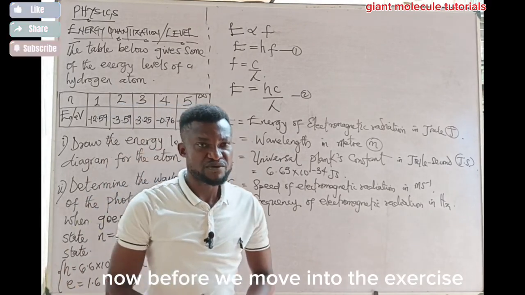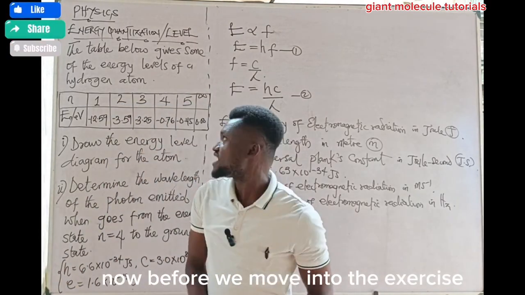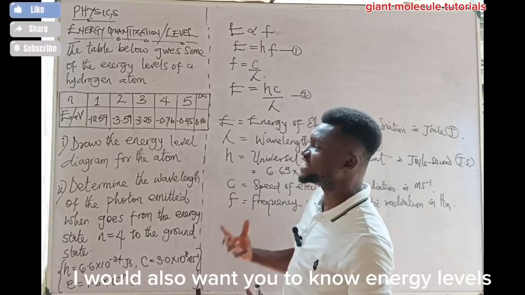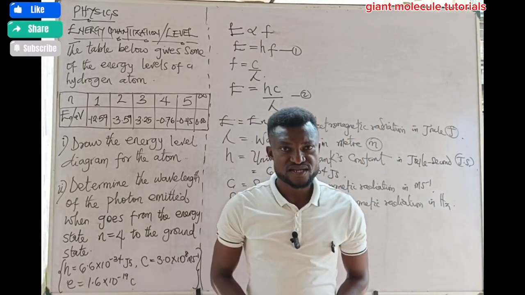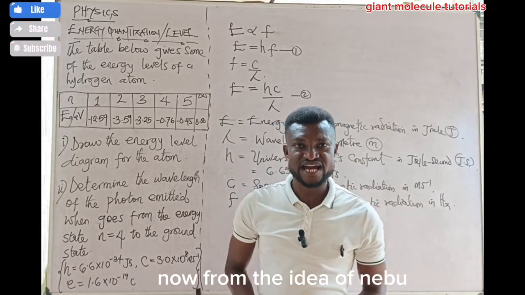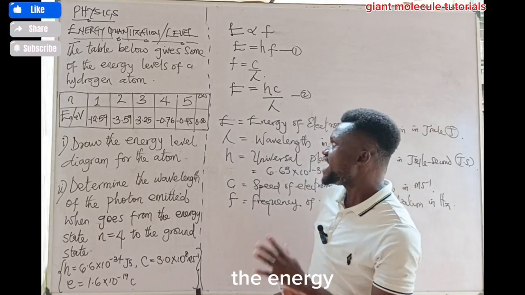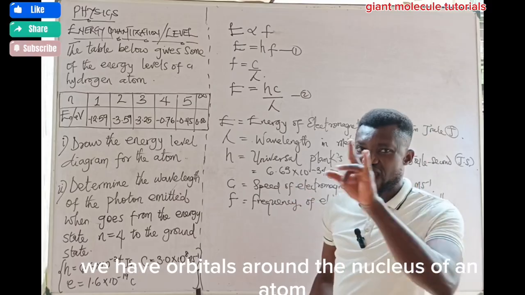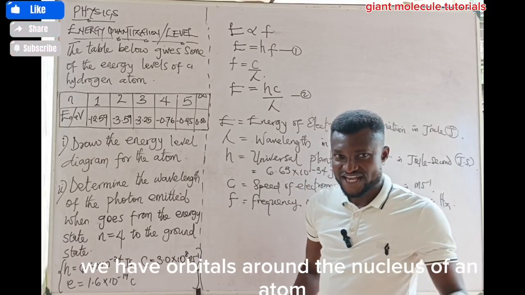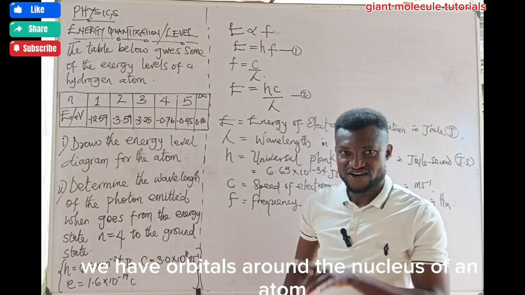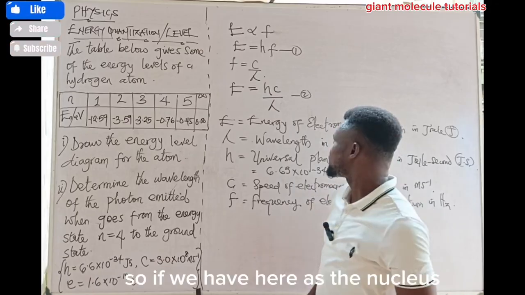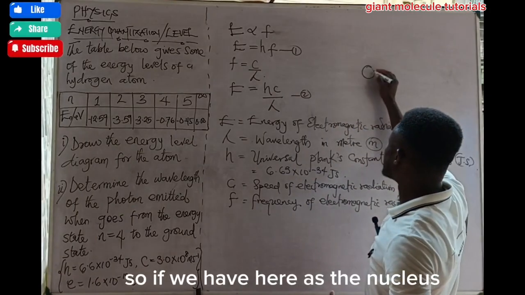Now, before we move into the exercise, I would also want you to know energy levels. From the idea of Niels Bohr, we have orbits around the nucleus of an atom.